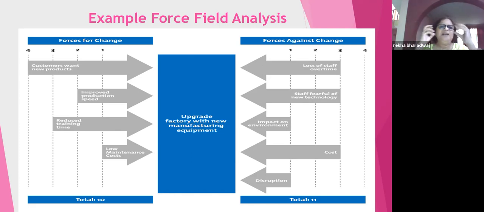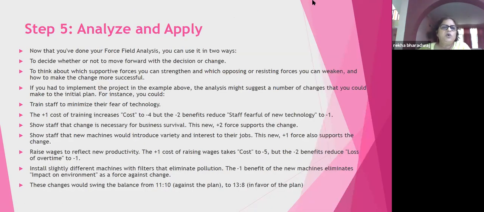So if we see how he has done the force field analysis here, the forces for change are 10, whereas the forces against the change are 11. Therefore, the OD specialist will work to reduce the forces against change and work to increase the forces for change. So step 5 is analyze and apply.